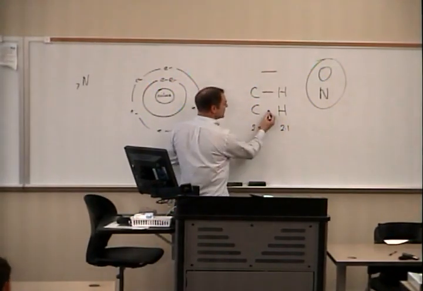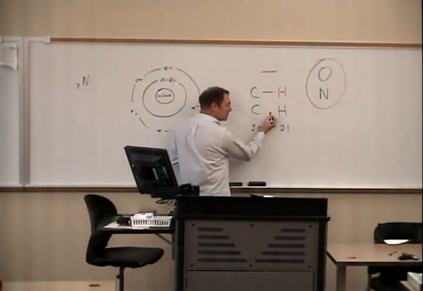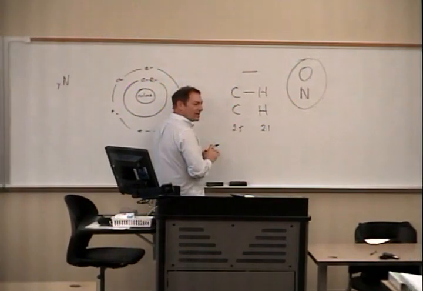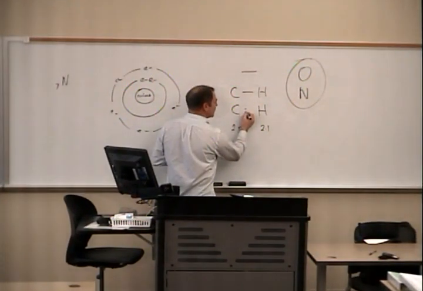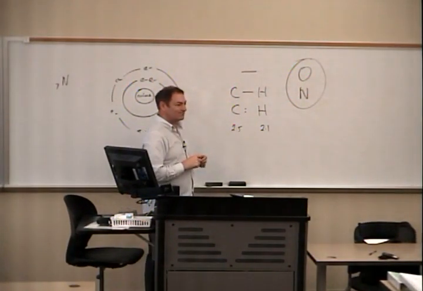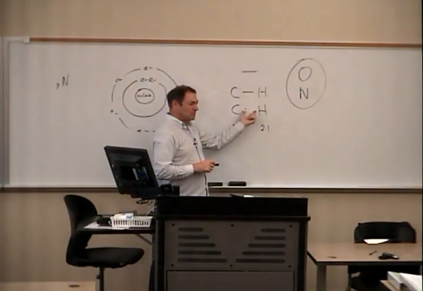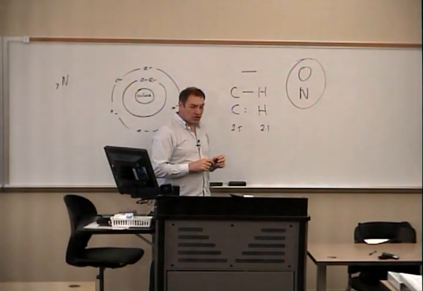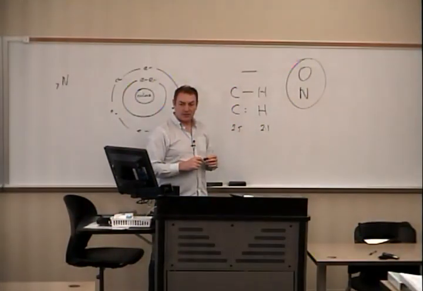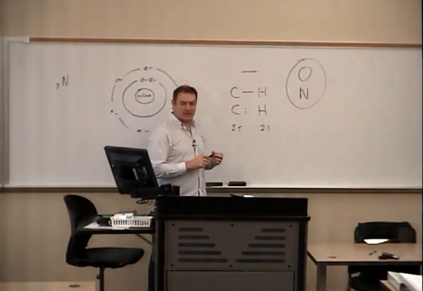So the electrons, they're not going to be right in the middle, are they? But where are they going to be? Skewed slightly. Slightly over here, but almost unnoticeable. Only a tiny amount. So we call this a non-polar covalent bond, even though the electrons are ever so slightly closer to the carbon.